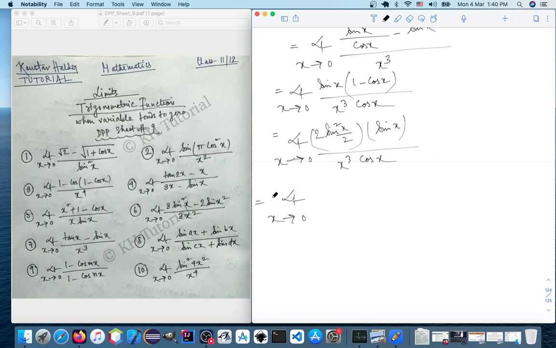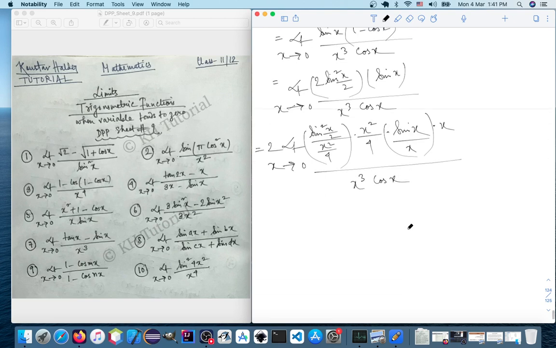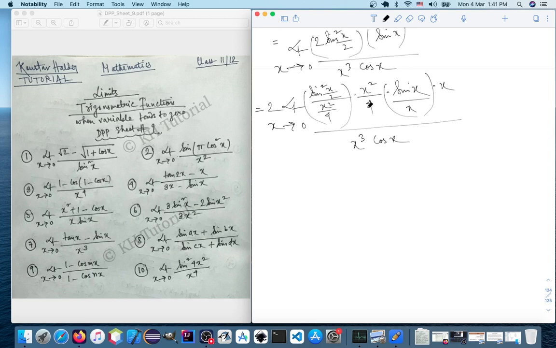Let's bring the 2 outside, and we have sin square x by 2. We would like to create the square of x by 2, that is x square by 4, and we have to adjust x square by 4. We have sin x. For sin x also, we would like to create the x below and adjust it with x. Now in the denominator we have x cube cos x. So this 1 by 4 we can bring outside, and we get half.